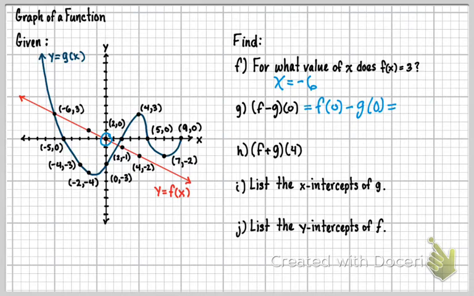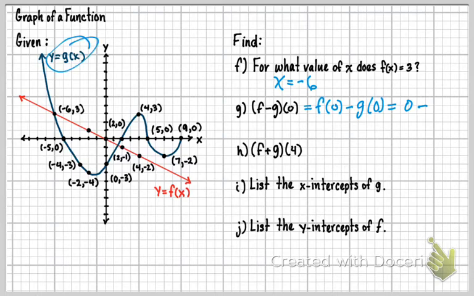So then I ask the question, so what is my y value when x is 0? It's actually 0 because it's at the origin. So my y value is 0 as well. And I didn't label that one. I should have. So my y value is 0 there. So I'm going to put for f of 0, 0, minus, and what is my g of 0?